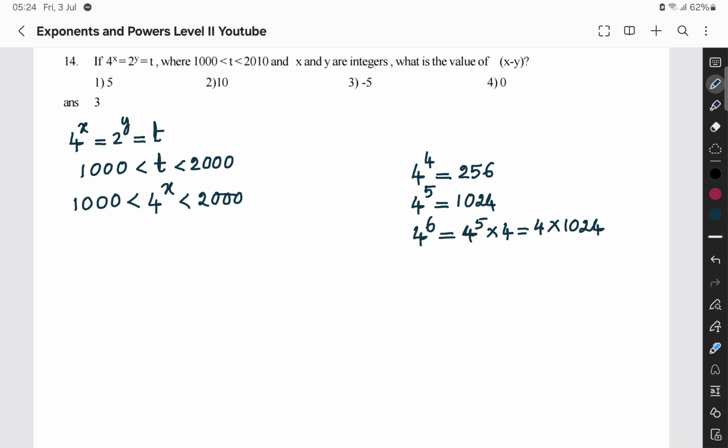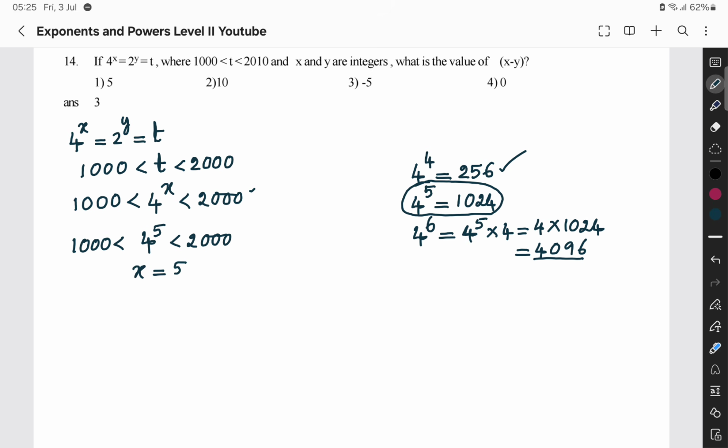You can see it is 4096. So this is greater than 2000 and this is less than 1000. So the only option which satisfies the given condition is 4 to the power of 5. So I can write 1000 is less than 4 power 5 is less than 2000. So from this discussion I can write x is equal to 5.